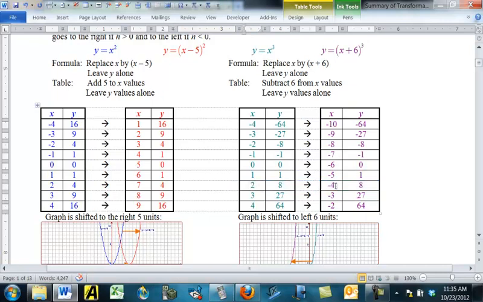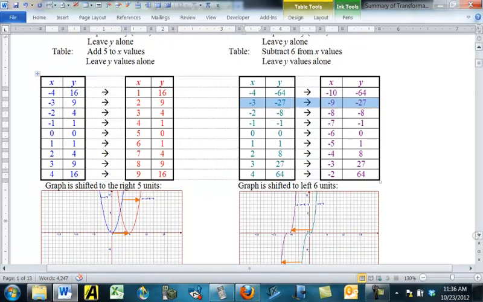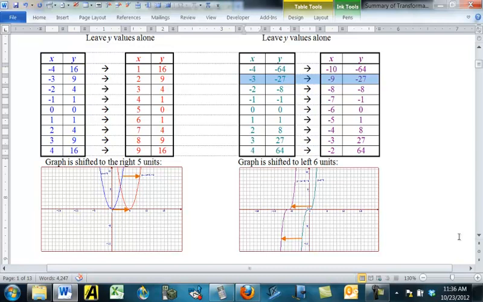So 2 plus 6 is 2 plus a negative 6, or 2 subtract 6 is negative 4. Or 0 minus 6 is negative 6, or negative 2 minus 6 is negative 8. Negative 3 minus 6 is negative 9, and so forth. And as you see, every point is shifted directly to the left. So if we take the point 1, 1 here, for example, it goes to the point negative 5, 1.